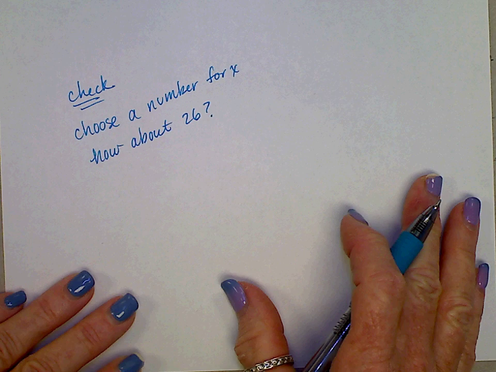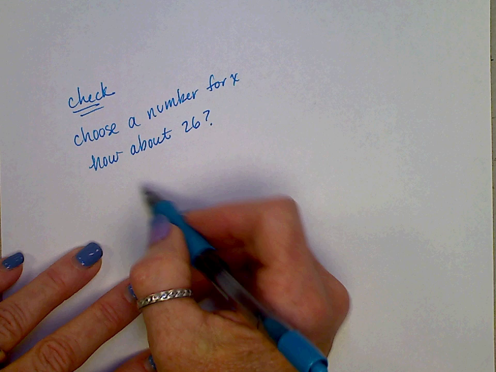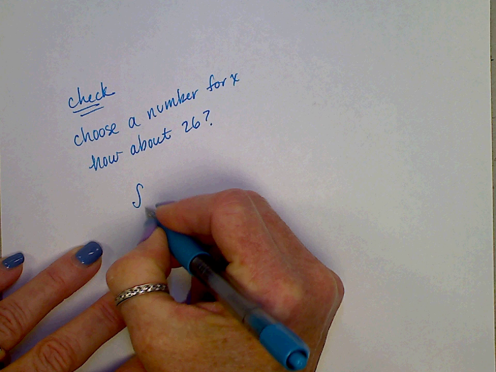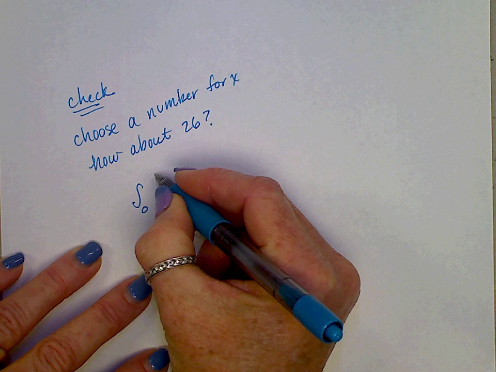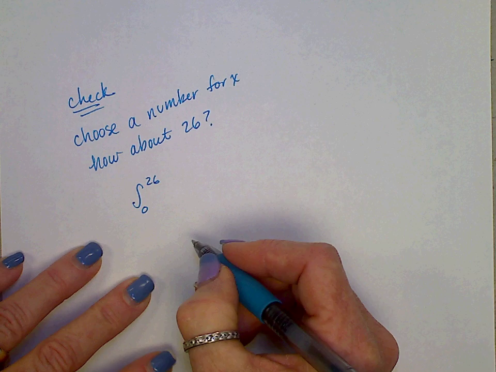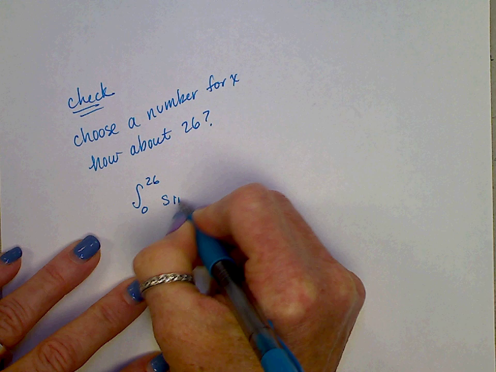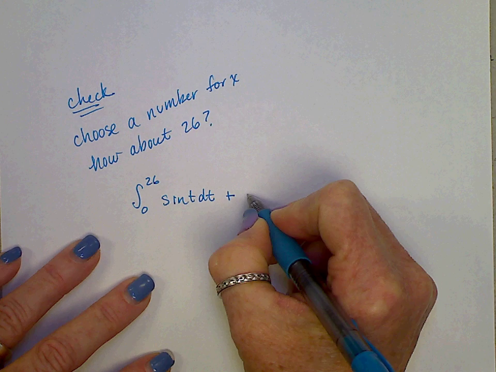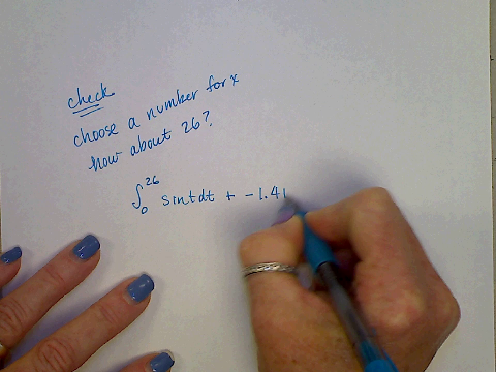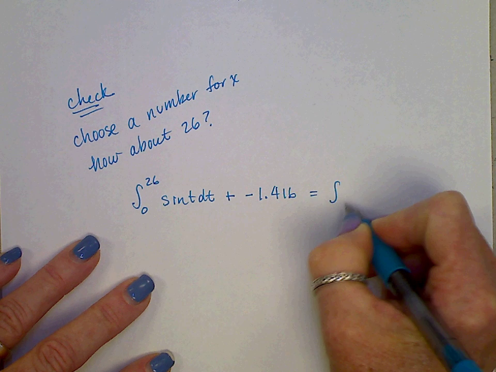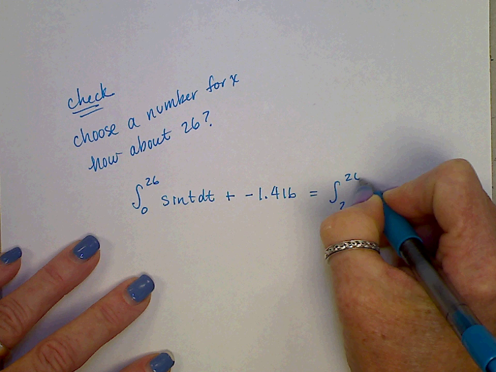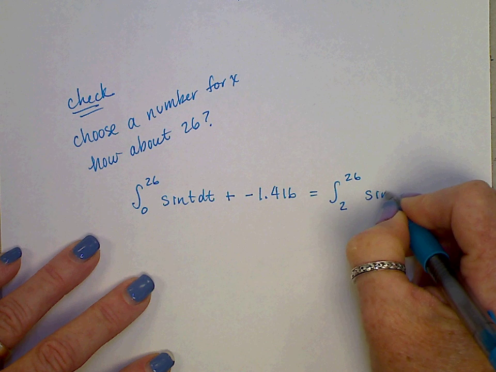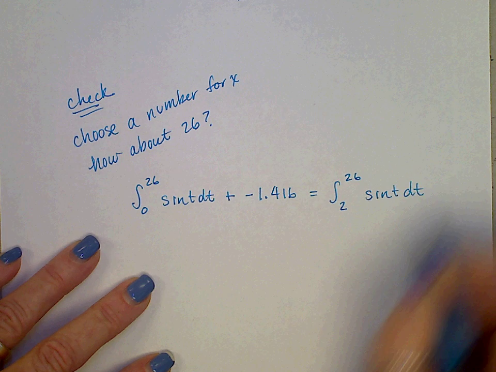So, and it just makes it a little bit easier. So then this becomes the integral from 0 to x, which is now 26, of sine t dt plus k, negative 1.416, equals the integral from 2 to 26 of sine t dt.